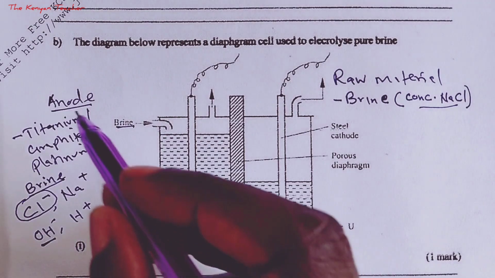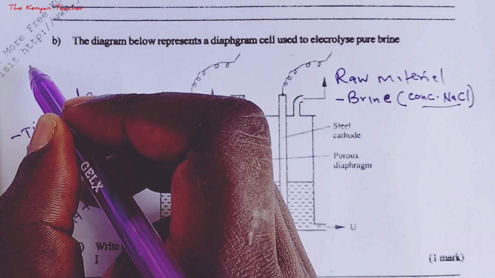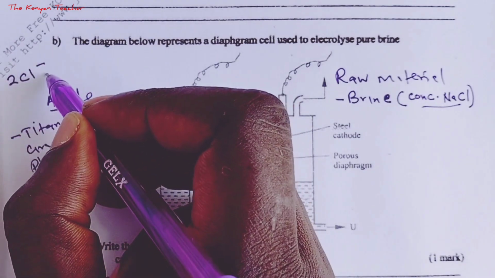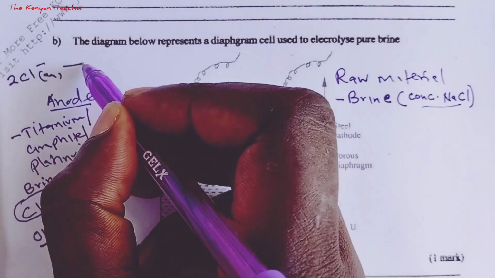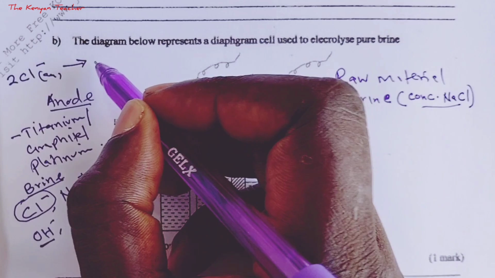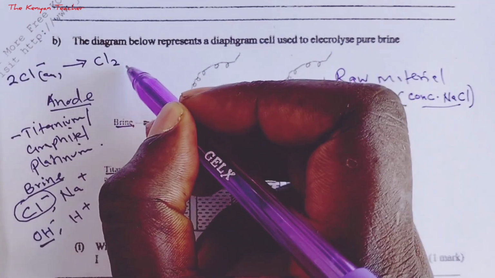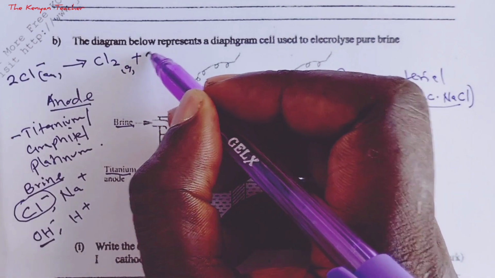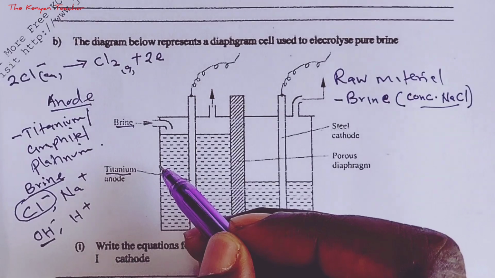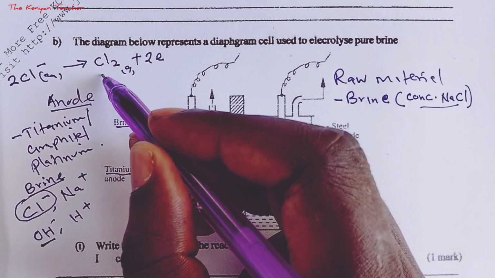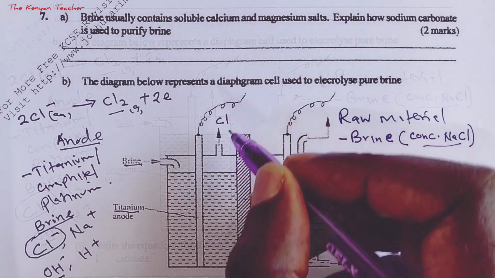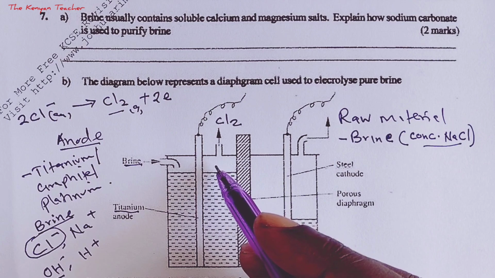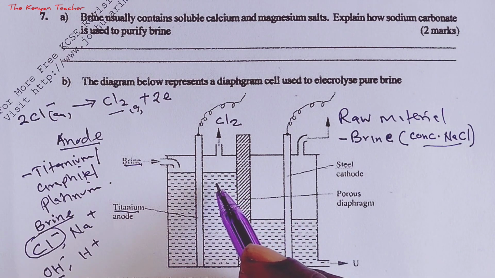So when you discharge chloride ions, we will have 2 moles of them, aqueous, being discharged to give 1 mole of chlorine, and this is usually accompanied by 2 moles of electrons. So once this reaction has taken place, chlorine now will leave through this hood on the left compartment.